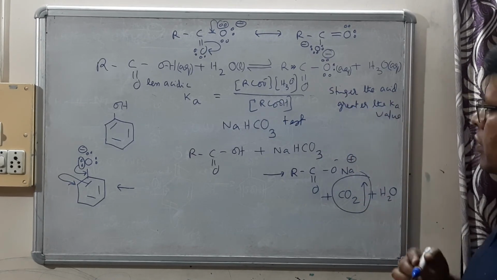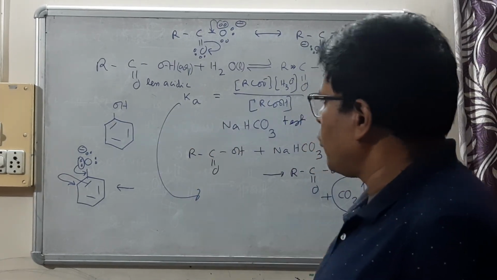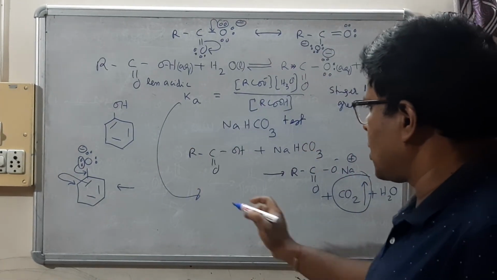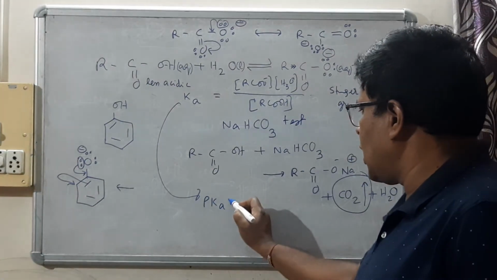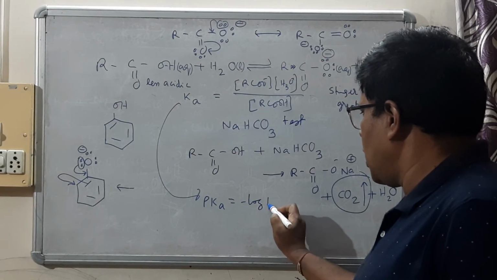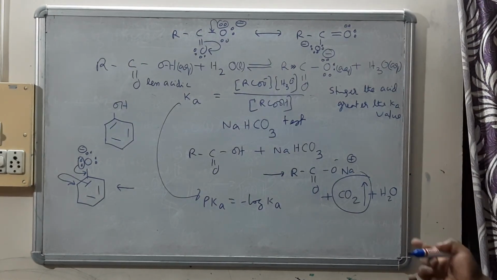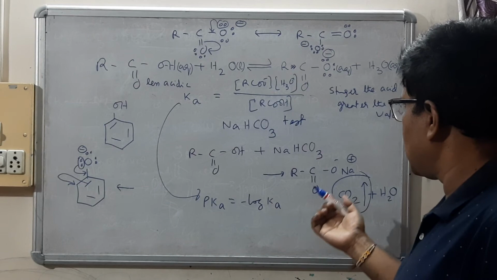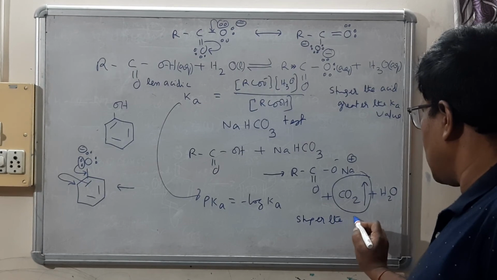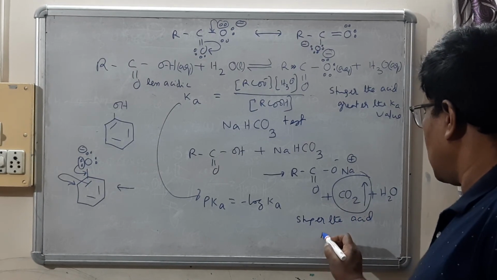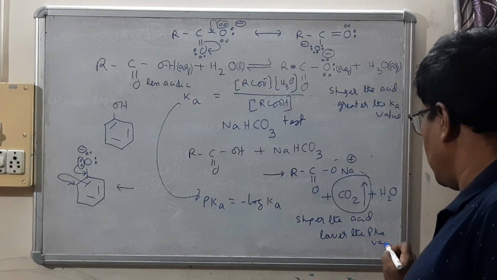There is another term we often use, that is pKa. pKa is defined as minus log of Ka, and ultimately the stronger the carboxylic acid, the lower the pKa value.